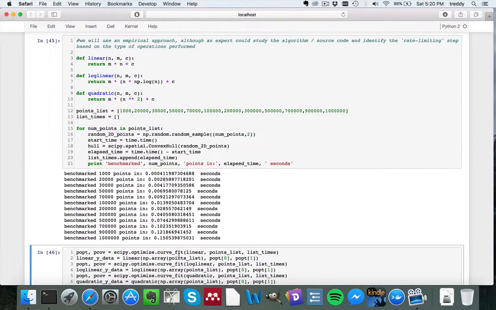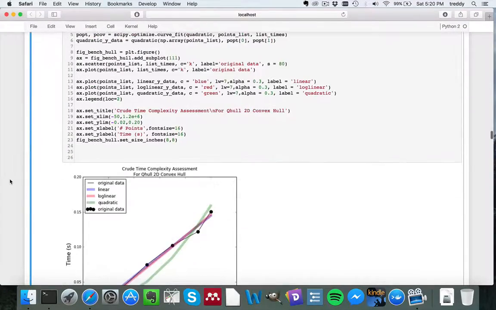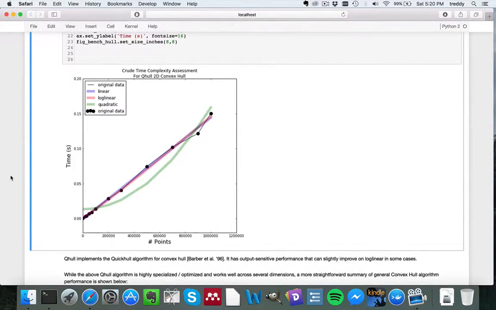So with curve fit, we have a linear function, a log linear function, and a quadratic function that we're fitting the number of data points with, using constants, a cofactor m and a constant c, which are the idiosyncrasies of your particular computer factoring into the empirical measurement. If we look at the results here, and run it again just to see if they look the same, they look pretty similar. Certainly quadratic time complexity doesn't seem to apply. It looks like it's either linear or log linear.